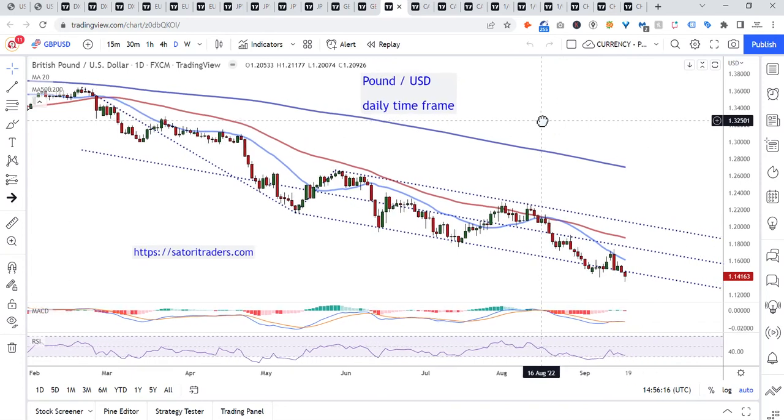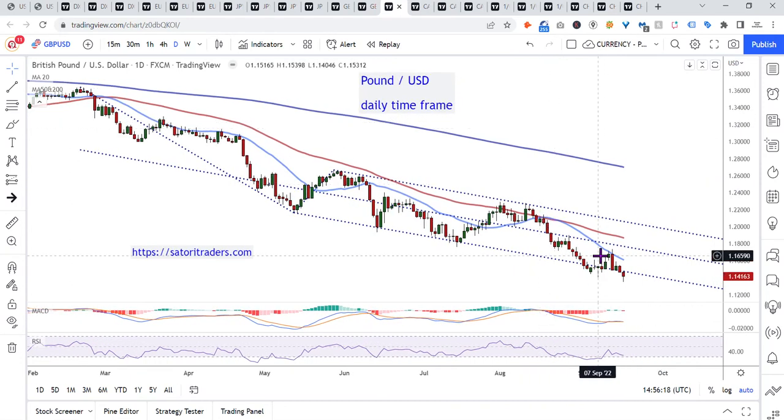Here in the daily time frame, we can see that they got a little bit of a pop based on the election, but ran into resistance at the 20-day moving average, rolled over and fell hard, and now appears to be dropping lower. We got a new sell signal on Friday.